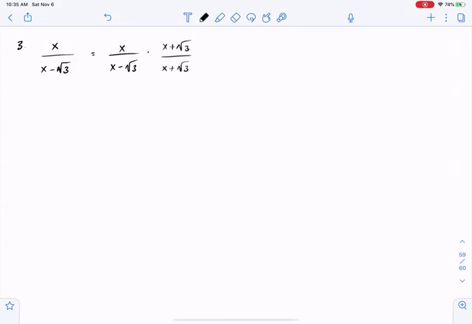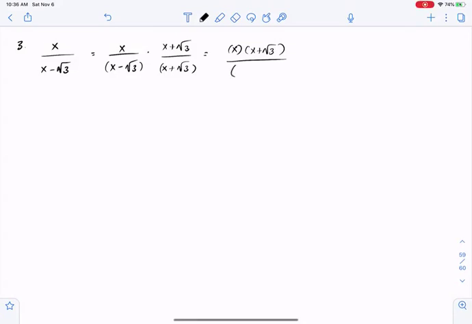I just multiply and divide by the conjugate, which is x plus root 3. So we will have x times x plus root 3 divided by, we have a minus b times a plus b, where a is x and b is root 3.